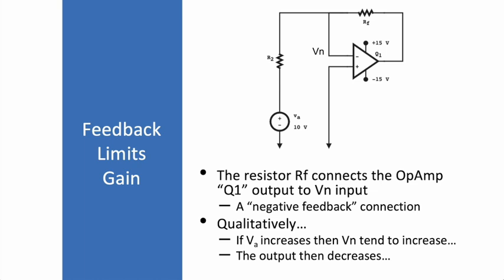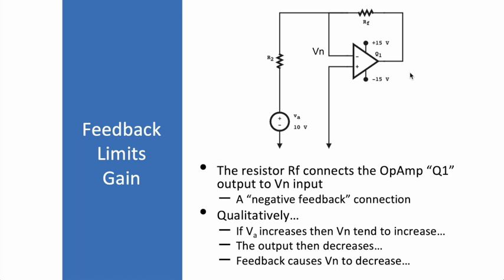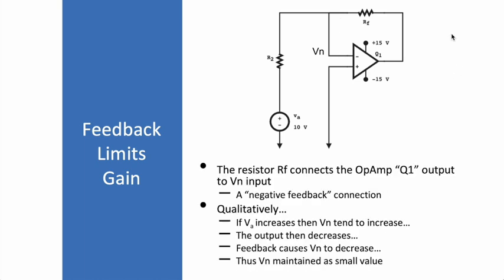Now, if VN increased, we are coming in through the negative input, which means the output would decrease. If the output decreases, then the feedback connection here is going to cause VN to decrease. Thus, due to the feedback influence, VN is maintained at a small value. If the input goes up, the output swings down such that the node voltage of VN remains very nearly constant.